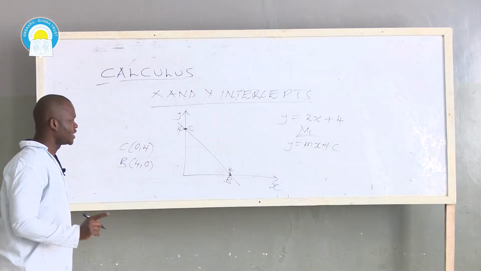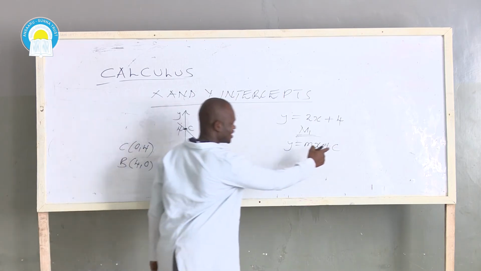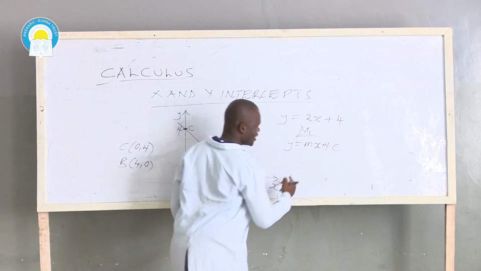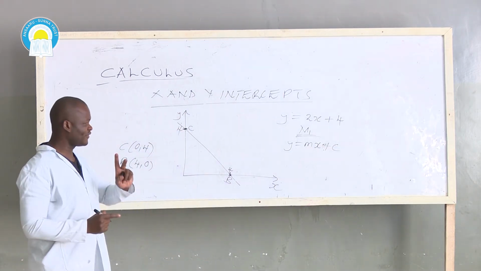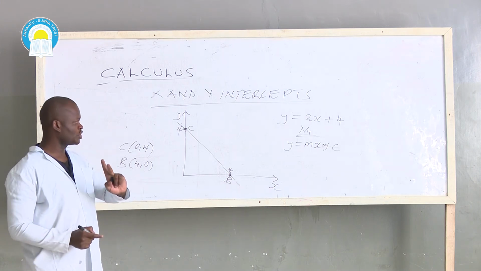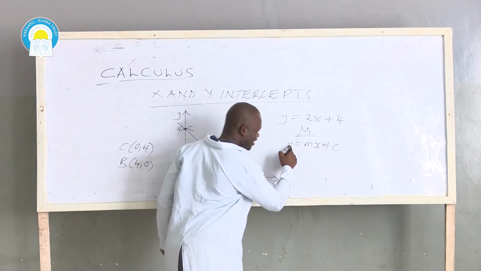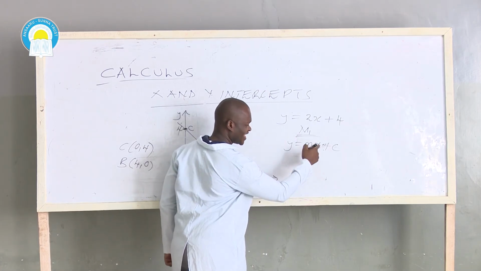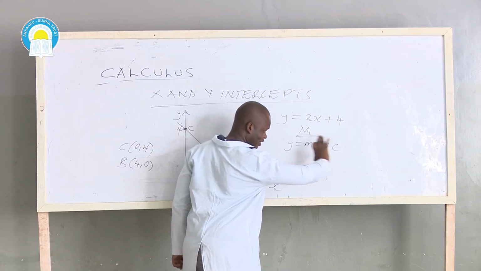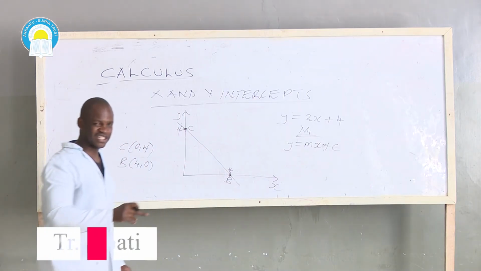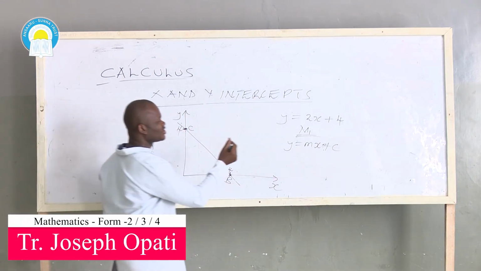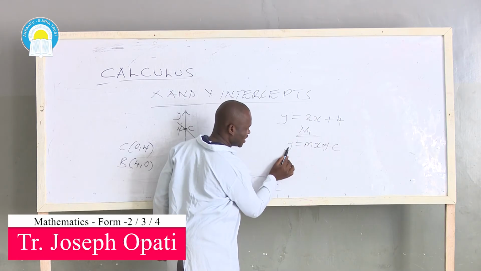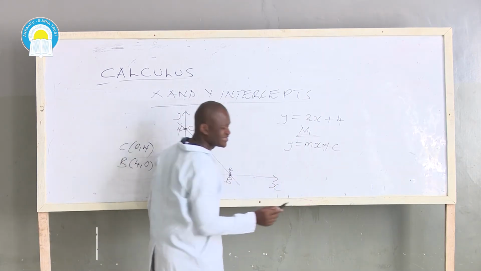Now, I said this form dictates that you have observed 2 conditions. Number 1, the y variable is on its own on one side, and the x variable and the constant are on the other side. Number 2, ensure the coefficient of the y variable is 1.